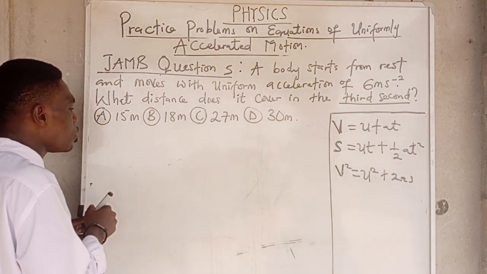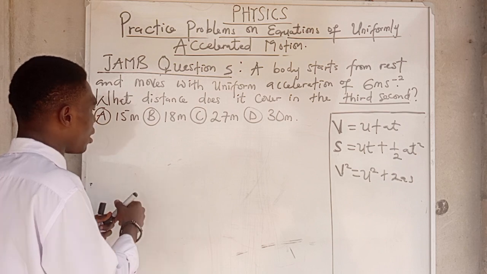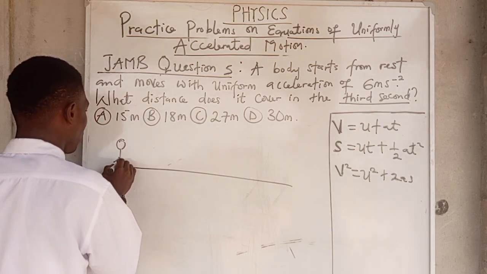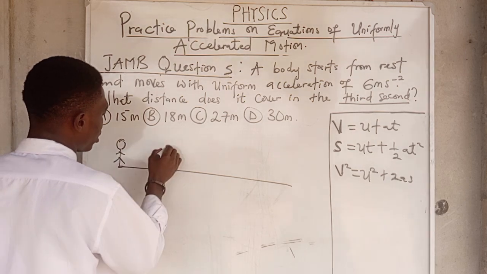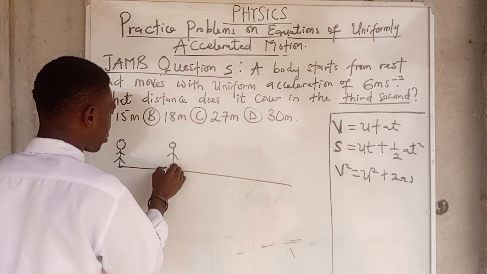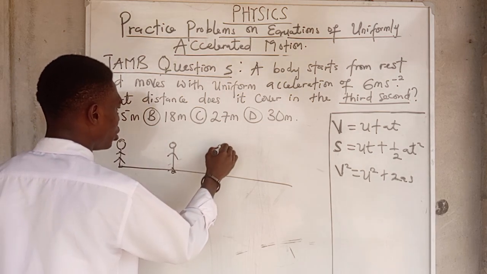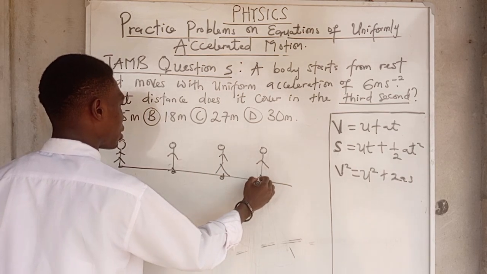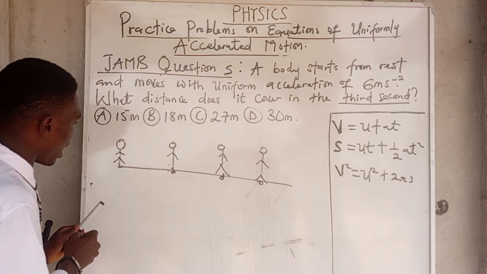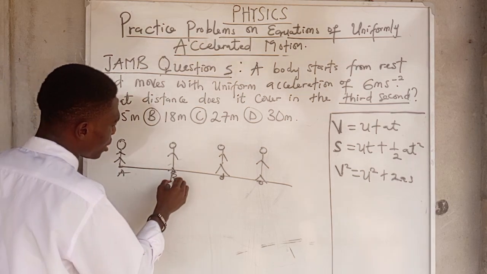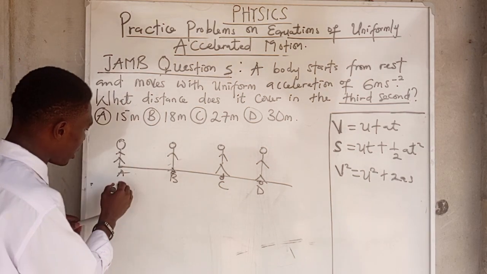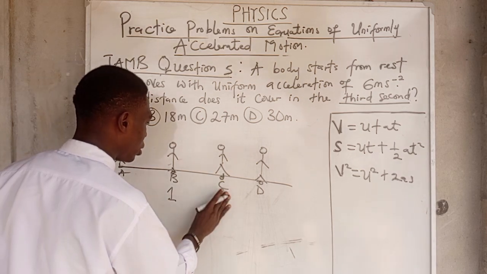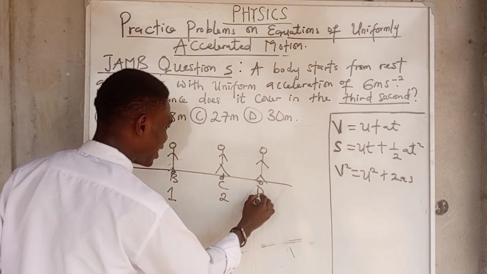Say an object moved from this point to this point, then to this point, and then to this point, and let's say these are points A, B, C, and D, and this is 0. This is the first second, the second, and this is the third second.